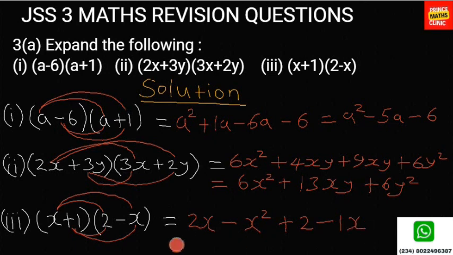So look at the solution now. 2x minus 1x is just x. Then you have minus x squared. Then you have plus 2. You can rearrange if you so want, but I can make my results like this. So x minus x squared plus 2. So that is okay. So let's go to 3B.